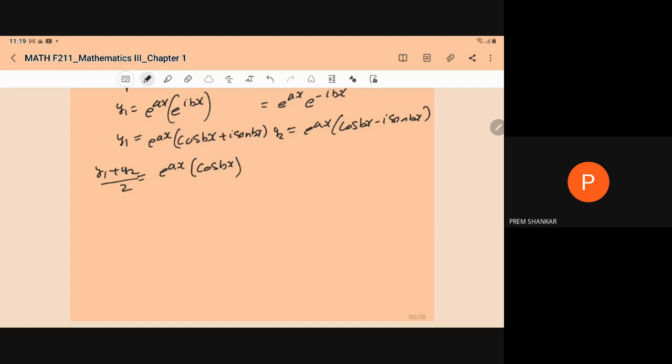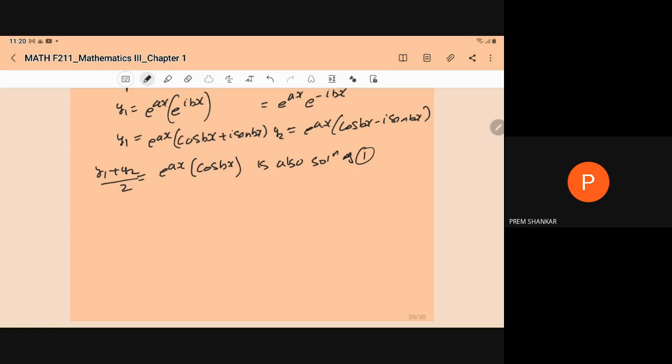Cos bx is also a solution of the first, which means the sum and subtraction of two solutions is also a solution. Similarly, a constant multiple of a solution is also a solution. That's why we are saying that (y1 plus y2) upon 2 is equal to e to power ax cos bx is also a solution.